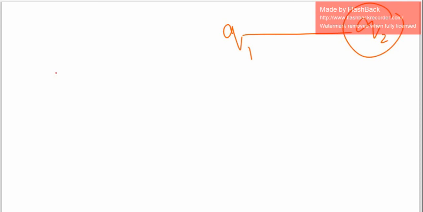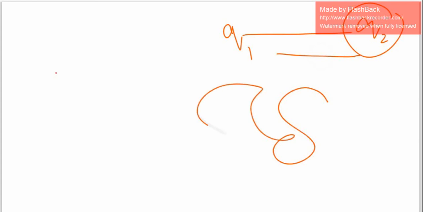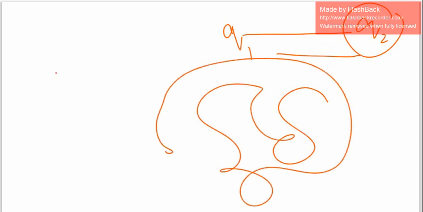So it makes no difference whether I came along a straight line or from any zigzag path and finally ended up at point P. Okay, so it is independent of the path.